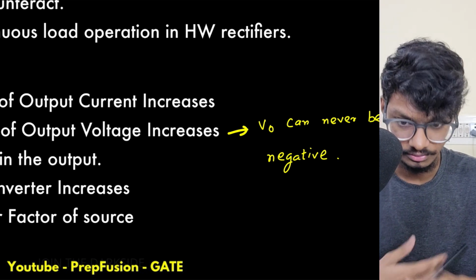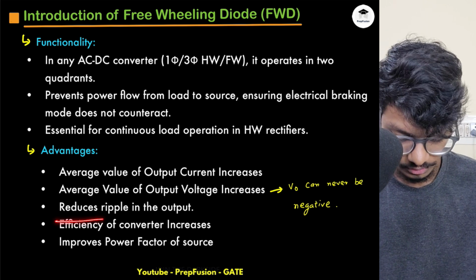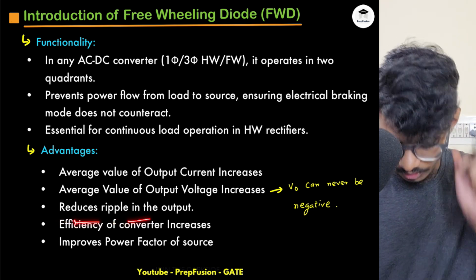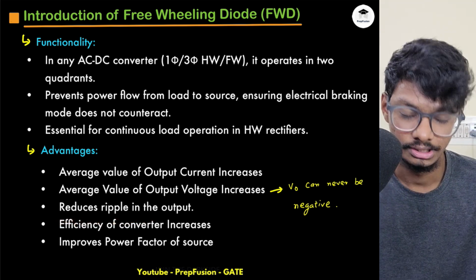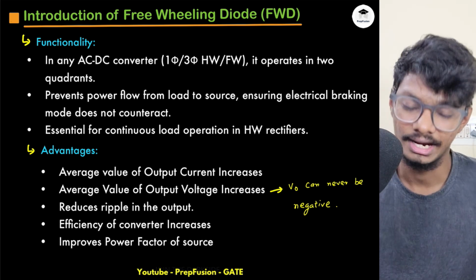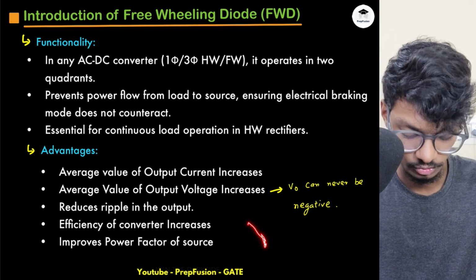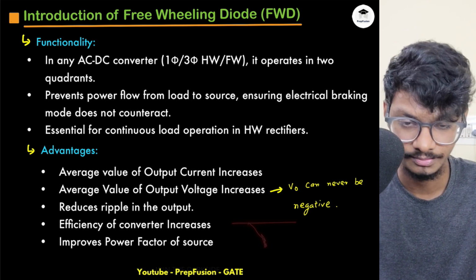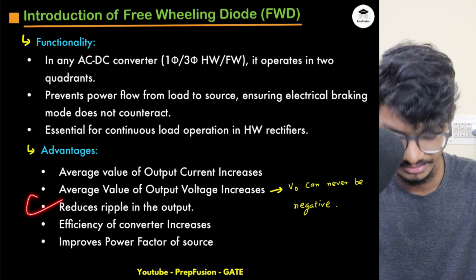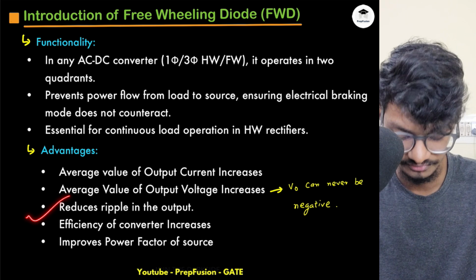Next, this reduces ripple in the output because the continuity of the current increases, and hence the current won't go to zero for that amount of time. Hence it reduces ripples. That also we'll understand. This is effective mainly with the filters.